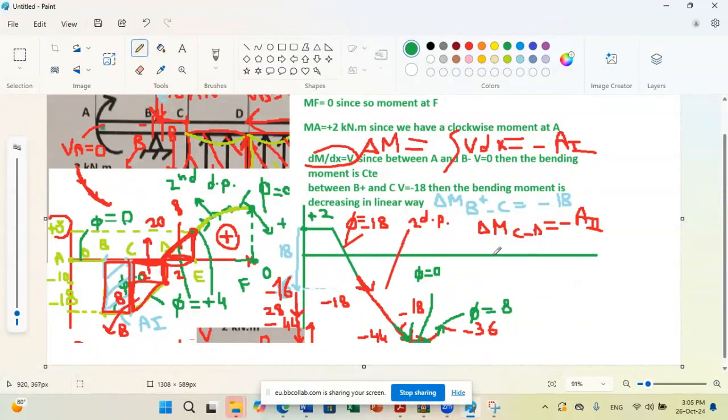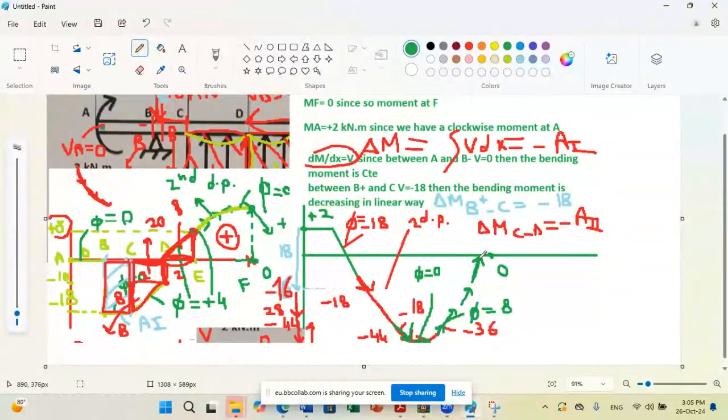Now to draw the profile of variation, okay, you need to look at the slope. What is happening to the slope? The slope is increasing from 8 to 14. Okay, so you will say that my slope will continue to increase and increase until reaching 0.